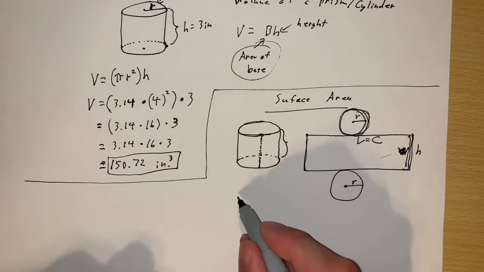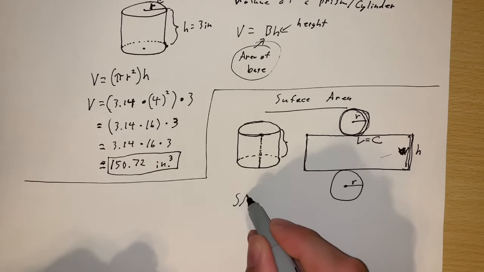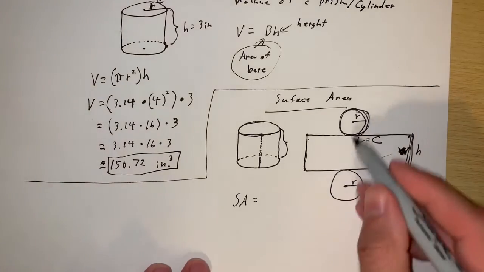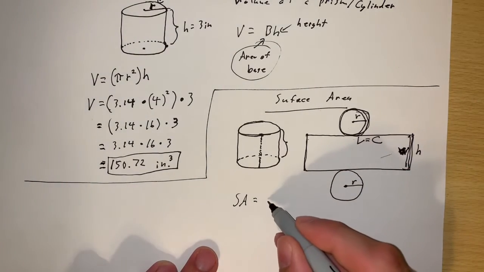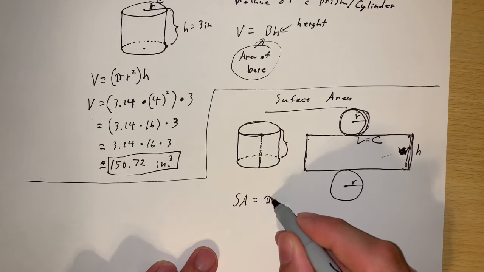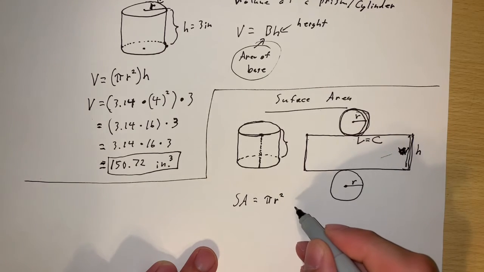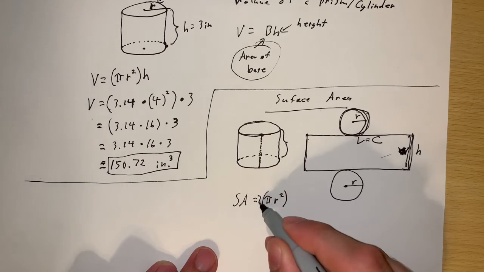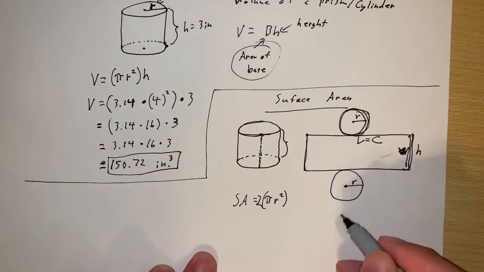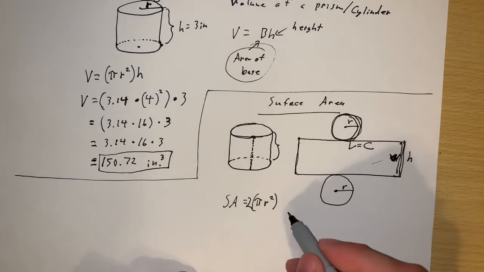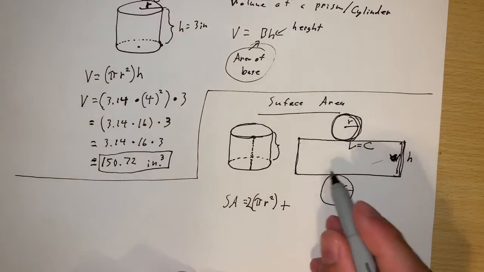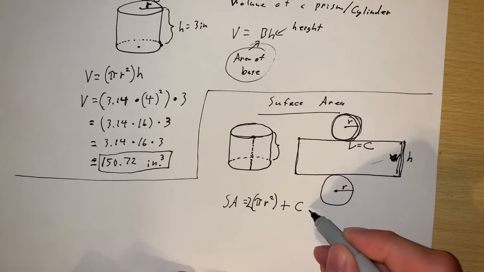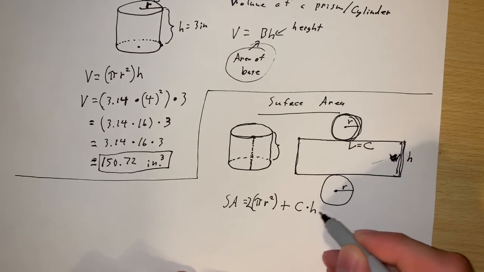All right, so surface area equals the area of one of the bases, which would be pi r squared, but there are two of them, so we multiply it by 2. And then we add the area of the rectangle, which is the circumference times the height.